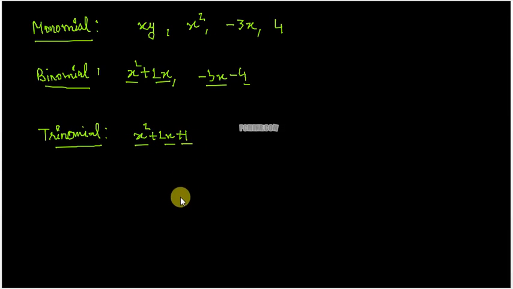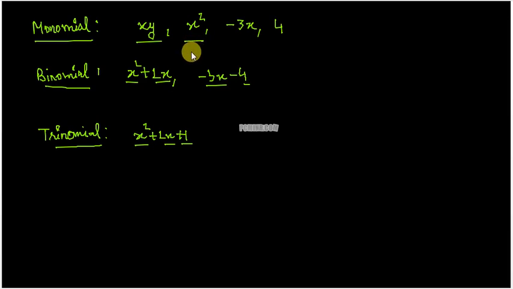Now, when we learn about multiplication, the first thing we are going to learn is the product of monomials. Then it will become very easy to multiply monomials with binomials or two binomials. The first step is the multiplication of a monomial with a monomial.